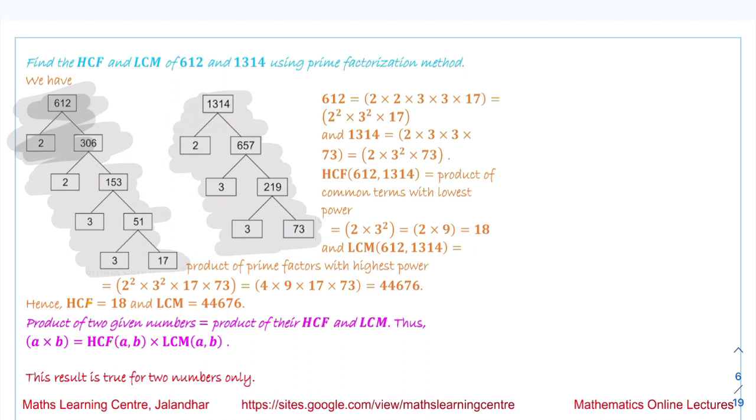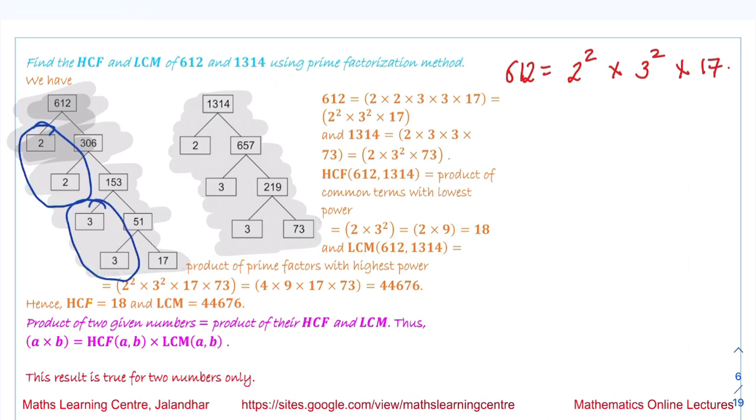From this prime factorization, we can write 612 is equal to 2 raised to the power 2 into 3 raised to the power 2 into 17.